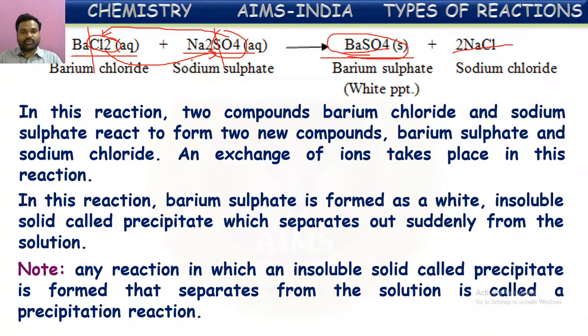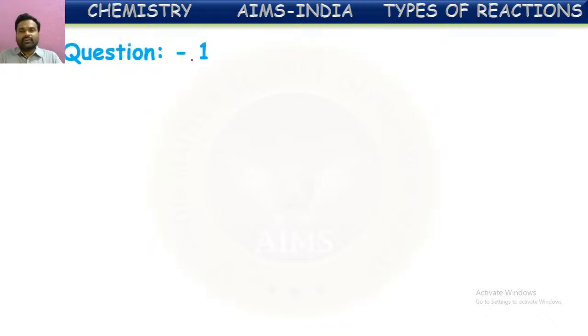So these are the different types of reactions that we have seen. Let us see once. Here we have seen four types of reactions. What are those? Combination reaction, decomposition reaction, displacement reactions, double displacement reactions. Out of them, the first one, combination reaction.